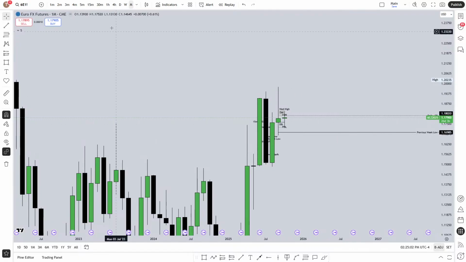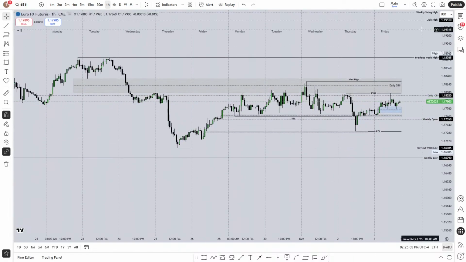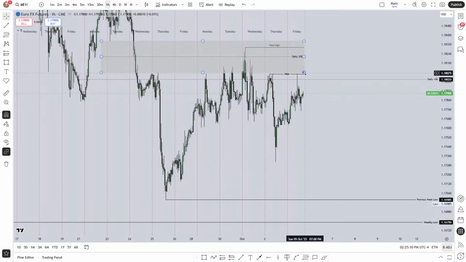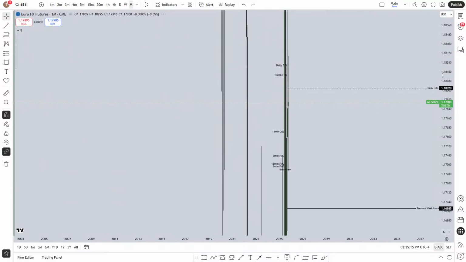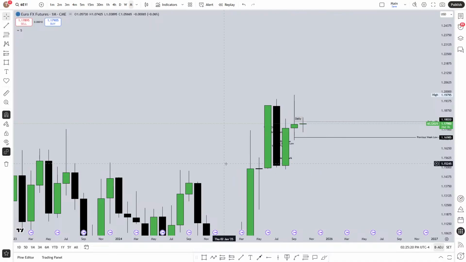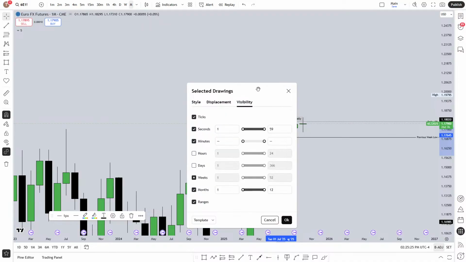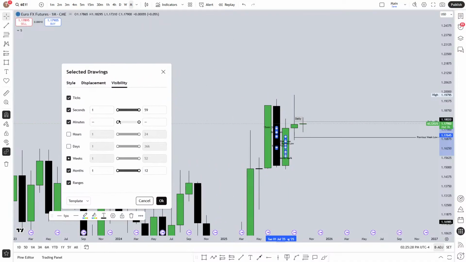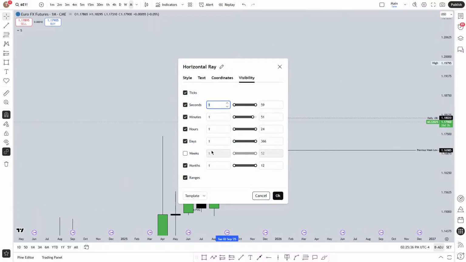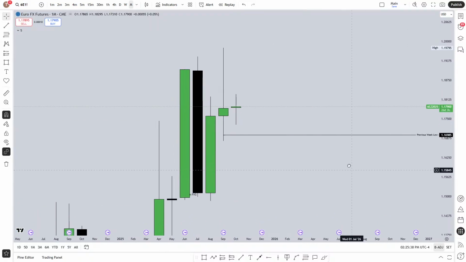Let me clean this up here. I'm just going to get rid of all this. I am going to mark the previous month's high and low on this market because one, it's still intact, and two, it's in closer proximity to where we're trading at currently.